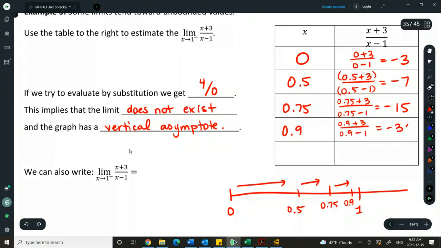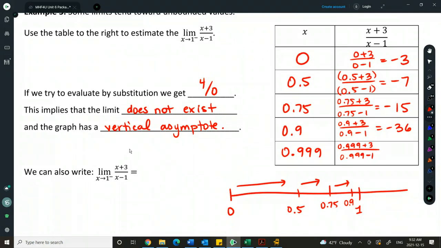Negative 39. I want to go even closer now, really, really close from the left. Let's say we try 0.999. Did you get the same thing, Clayton?